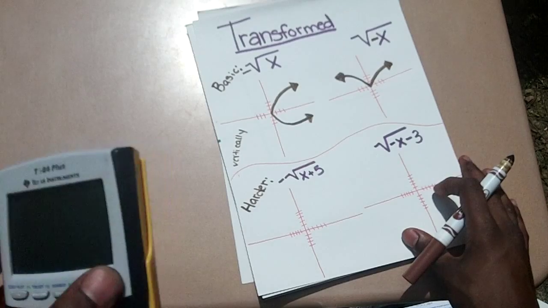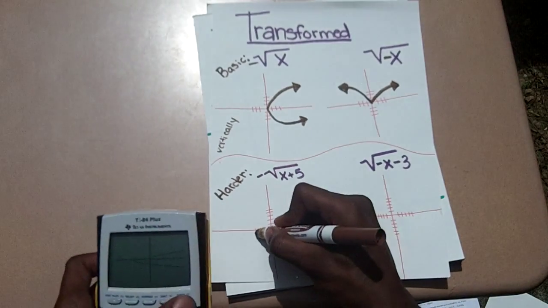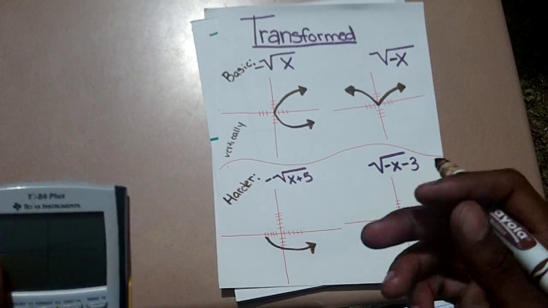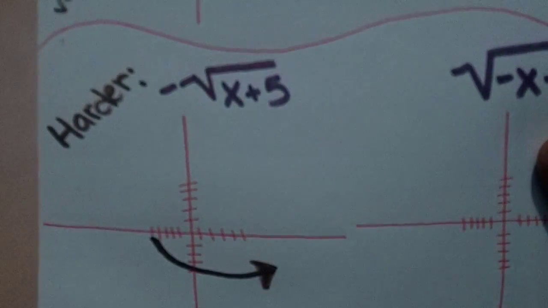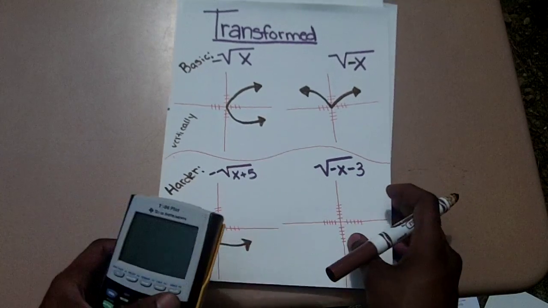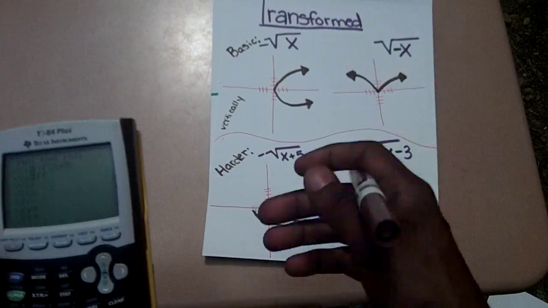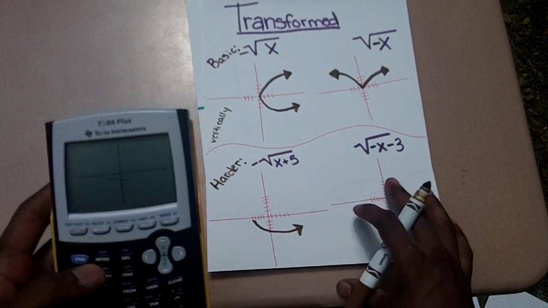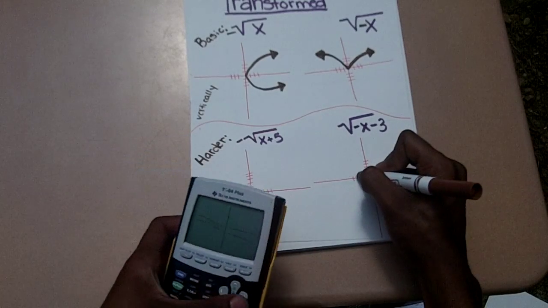something like this. Plugging into my calculator. Like I said, you can use your calculator. I'm using mine. This is what that function looks like. And for this one, square root of negative x minus 3, this function will look like this.